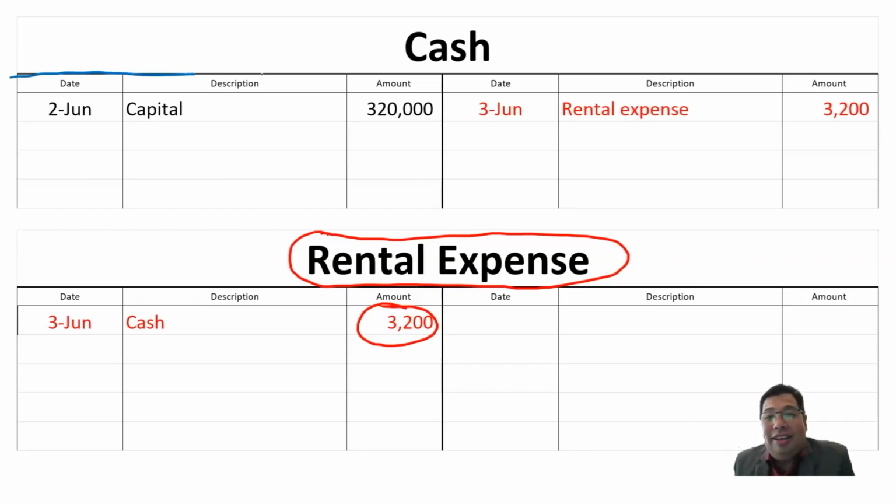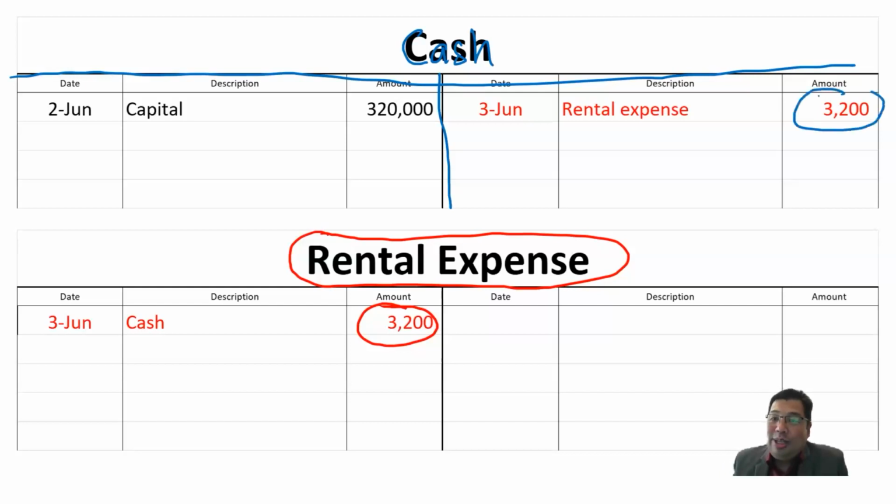You were not given the account, so you draw this line and put the title cash here. So this will be your cash account. In this example, you need to credit your cash account. So I'm going to credit here 3,200.